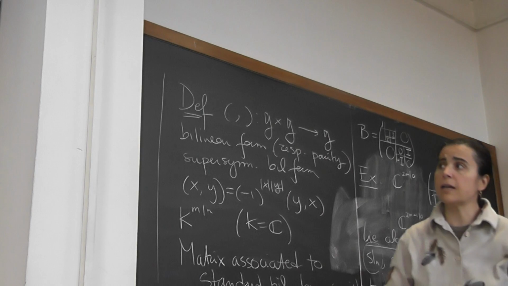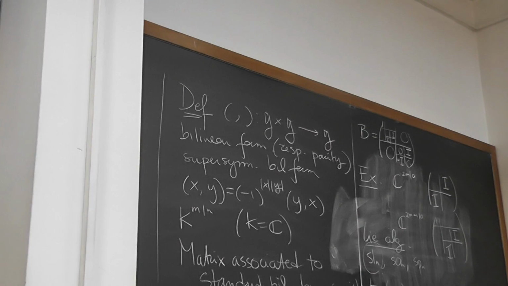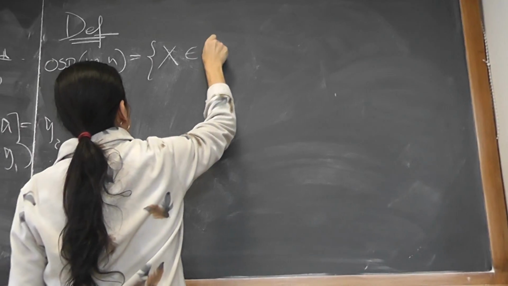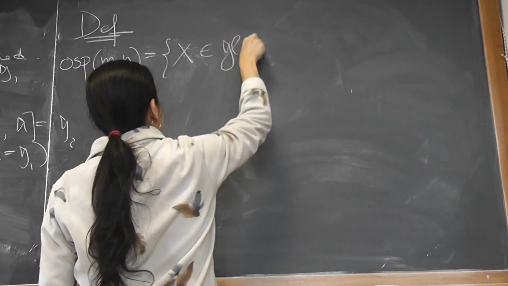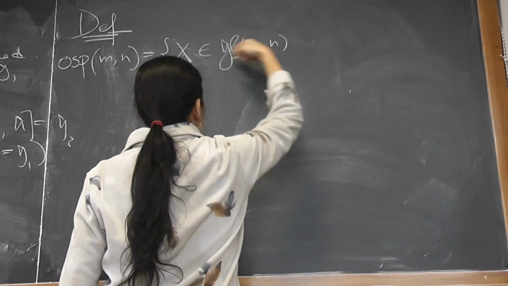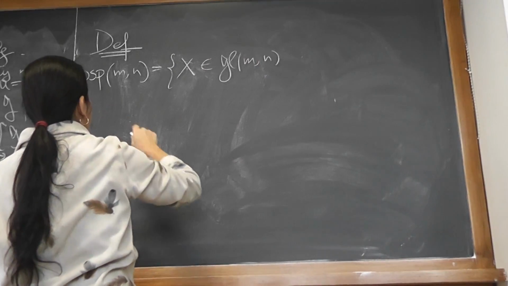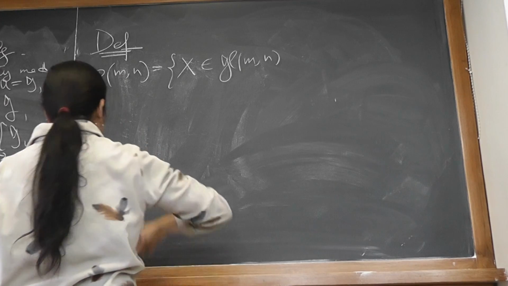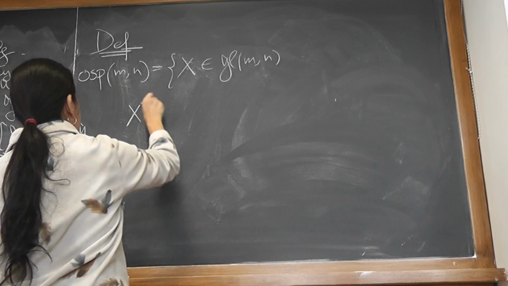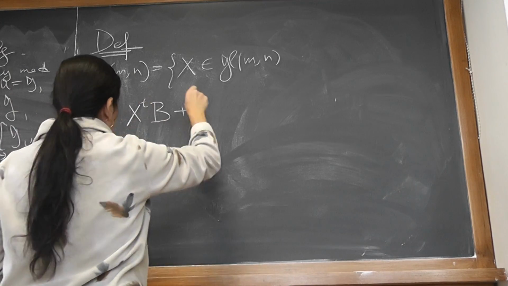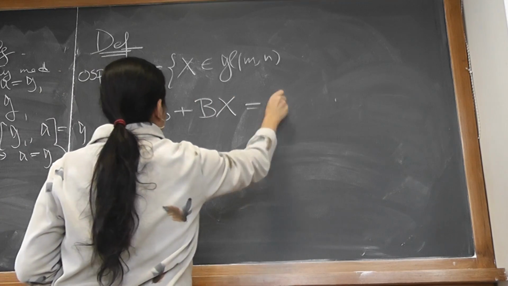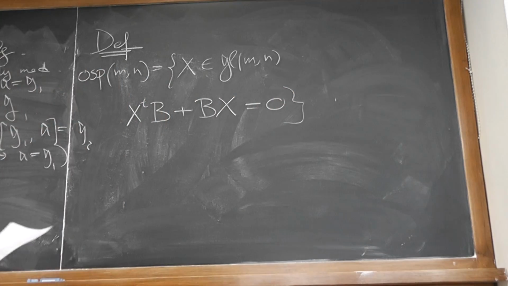We give the definition. We define OSP(m,n) as the set of matrices X in GL(m,n), a subset with the condition X transpose B plus BX equals 0. So this is the condition.